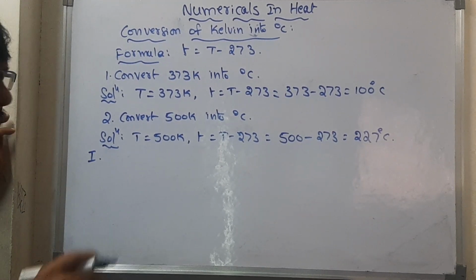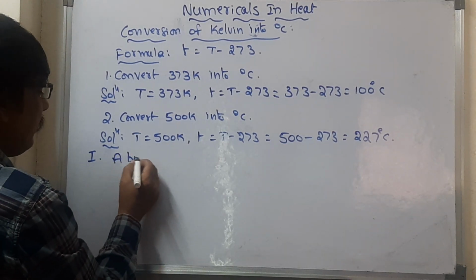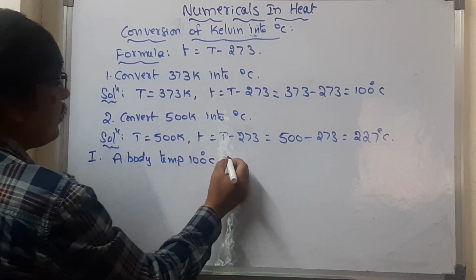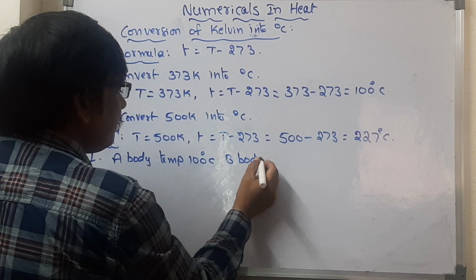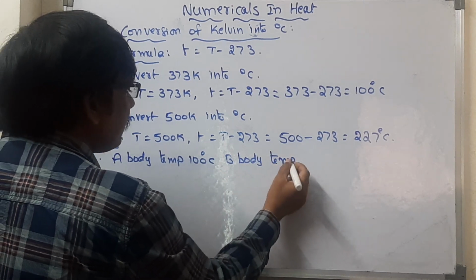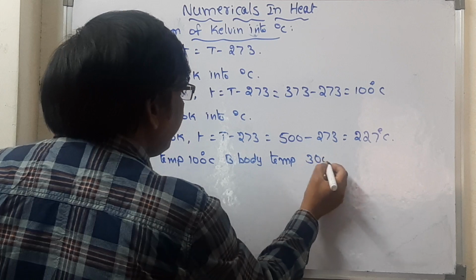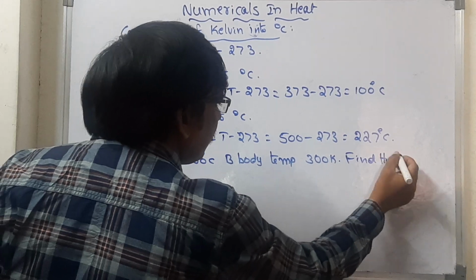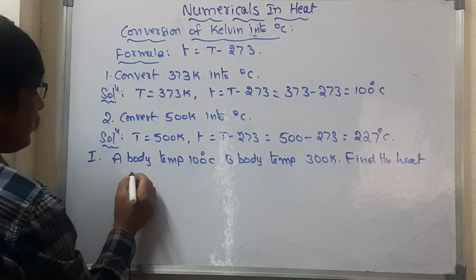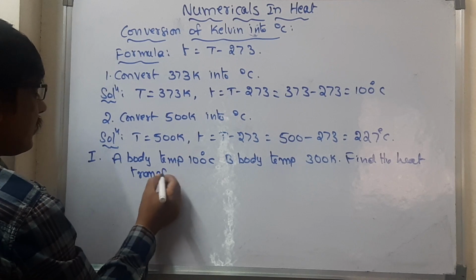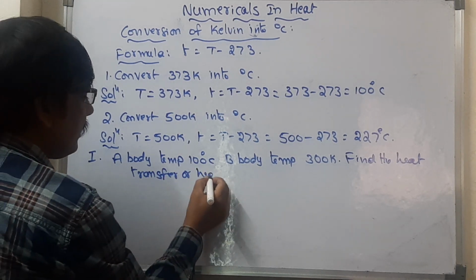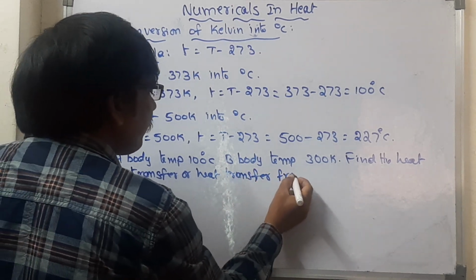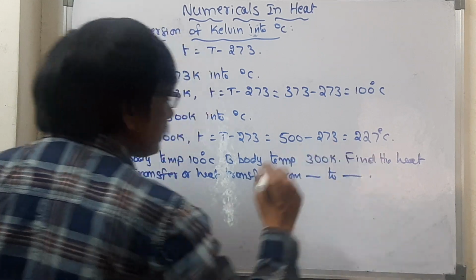A body temperature is 100 degrees Celsius, B body temperature is 300 K. Find the heat transfer from dash to dash, which will be asked.